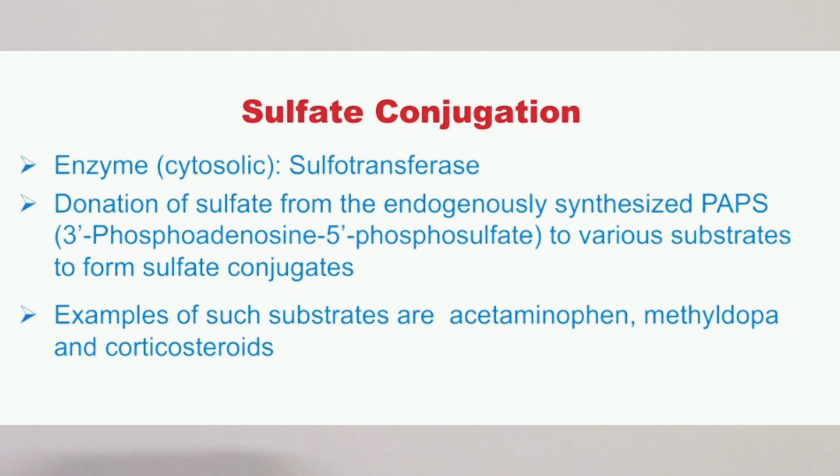So the next is sulfate conjugation. Here the enzyme is sulfotransferase. There is donation of sulfate groups from the endogenously synthesized molecule, that is PAPS, to various substrates to form sulfate conjugates so that they are excreted through the kidney. Examples of such substrates are acetaminophen, methyldopa and corticosteroids.